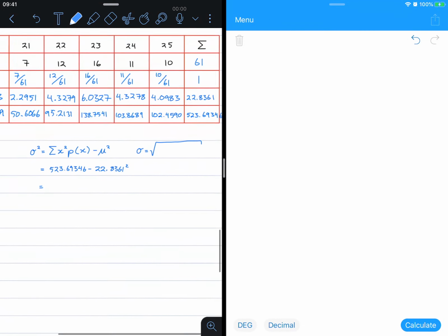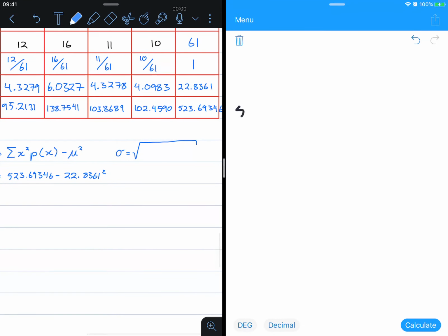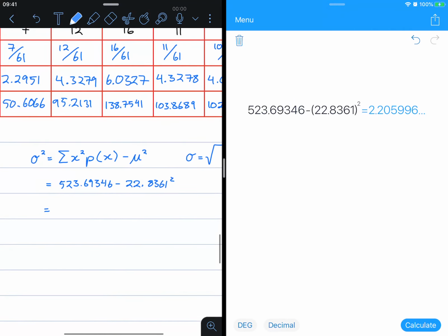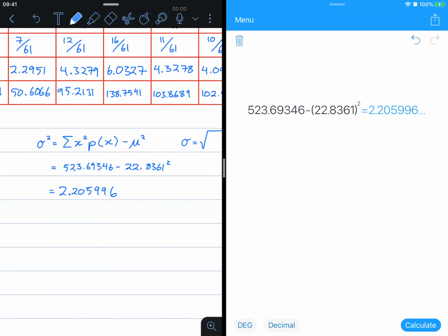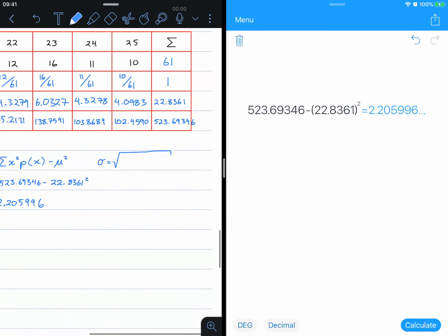You can fast forward this little typing part here. 523.69346 minus 22.8361 squared gives us 2.20596, and taking the square root of that gives us our standard deviation.